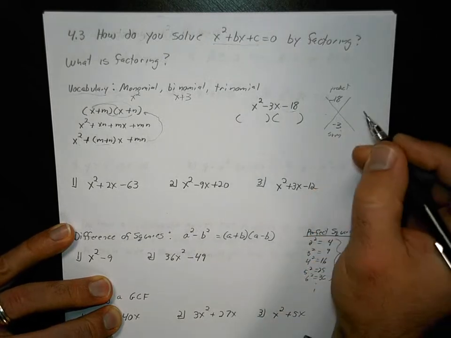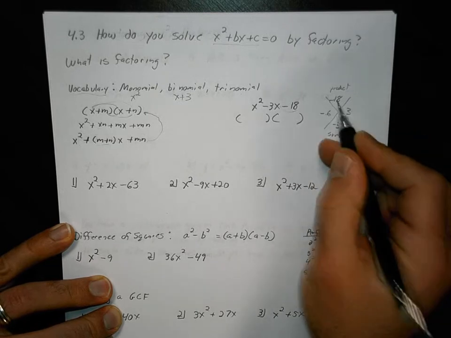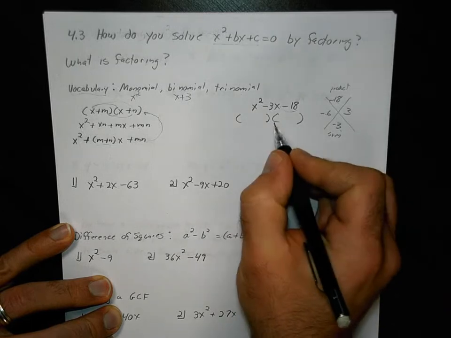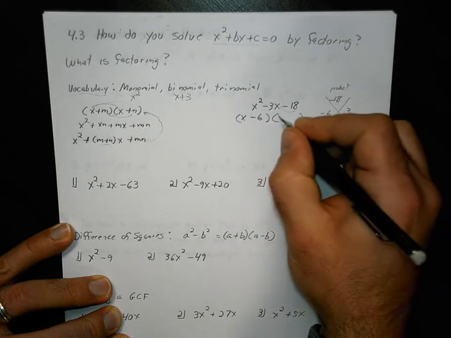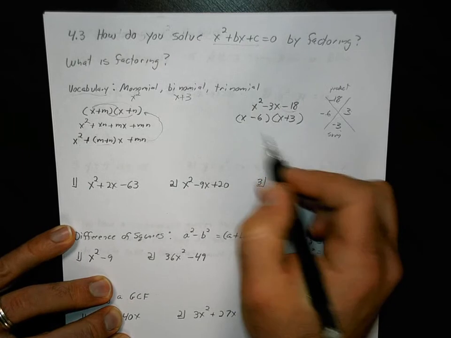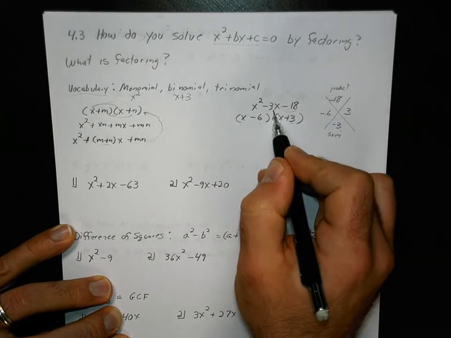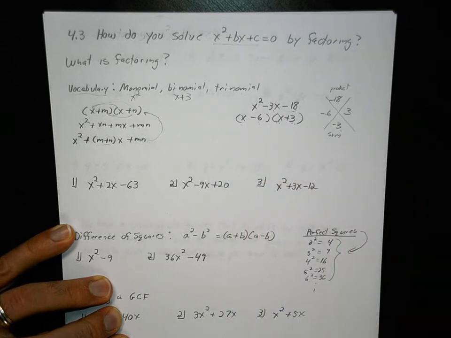Okay, so in this case it would be negative 6 and positive 3. Multiply to get negative 18, add up to negative 3. So then my binomials would be x minus 6, x plus 3. Okay, you could FOIL that out and just make sure it works. X squared minus 6x plus 3x is that, and then negative 6 times 3 is negative 18. Okay, so that's how we factor those.